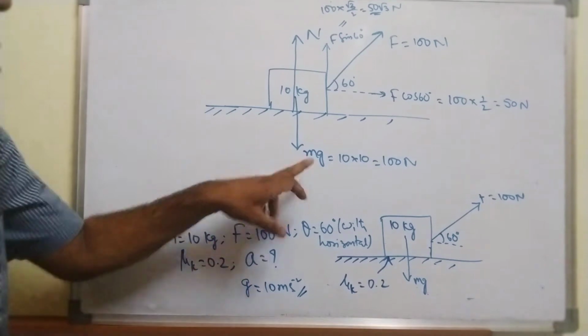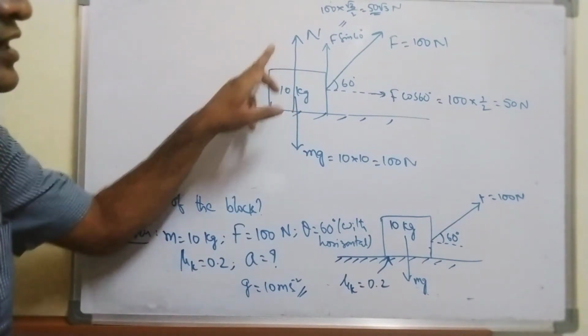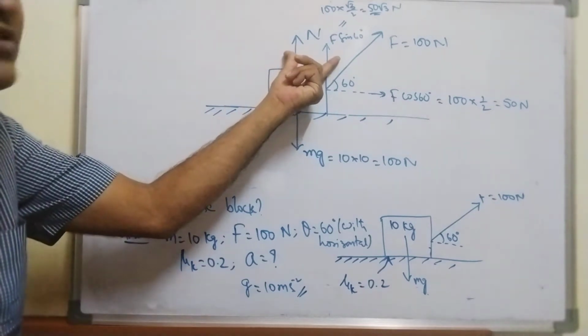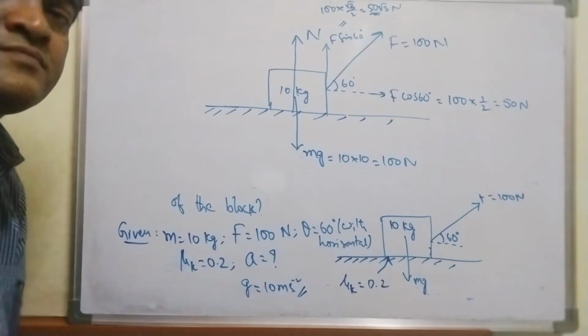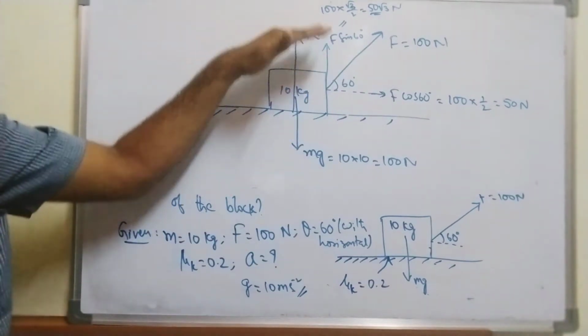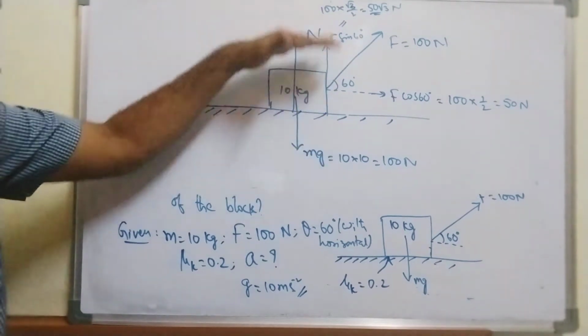Now here mg is not balanced by only the normal force. Mg is balanced by the sum of these two forces. As there is no vertical motion of the block, the net force along the y-axis is 0.